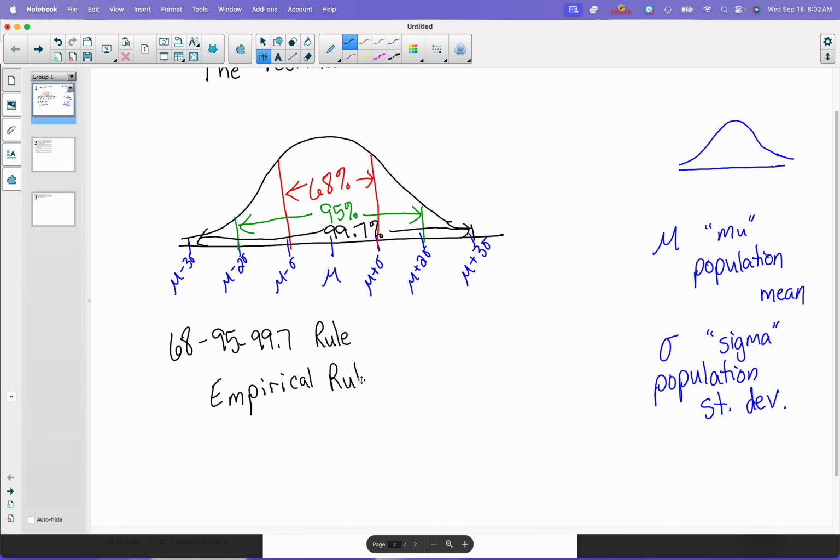I just want you to be aware of that in case you see it written that way. It is the same thing. I like referring to it as the 68, 95, 99.7 rule because then you're going to remember what those associated percents are. So this is important to remember. I'm going to come back and talk about the standard normal in just a minute because we have a curve for the standard normal as well, and we'll look at that.